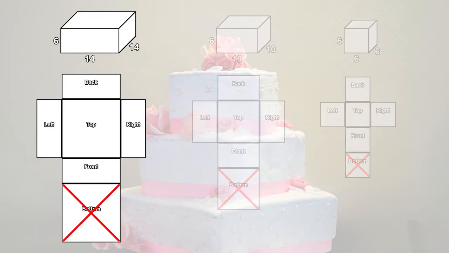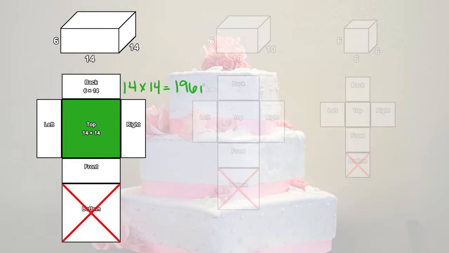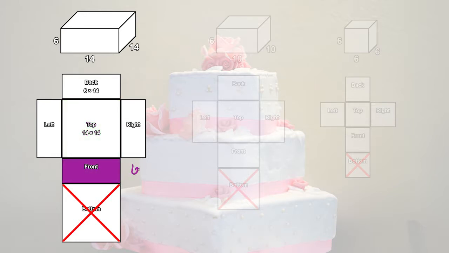Let's start with the bottom tier. The back face will have the dimensions of 6 inches by 14 inches for a total surface area of 84 square inches. The next face is the top. The top has dimensions of 14 by 14 for a total surface area of 196 square inches. The next face is the front face, 6 by 14.